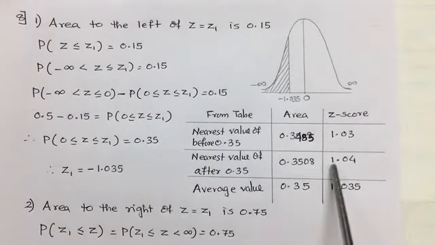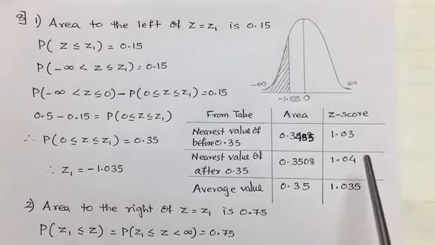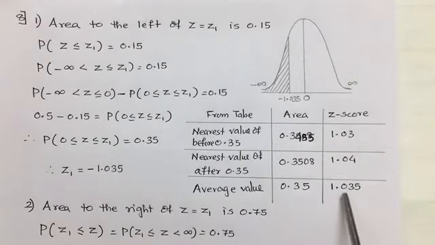All these values are taken from the table. Now we will take the average value. So adding both the areas and dividing by 2, we get 0.35. Same here, adding both and dividing by 2, we get 1.035.